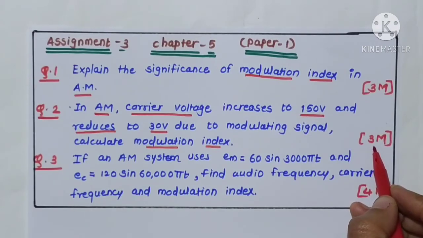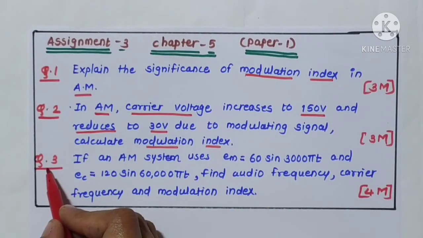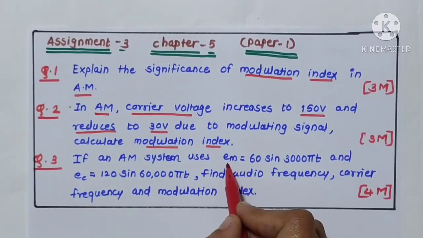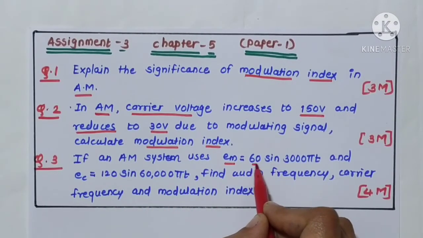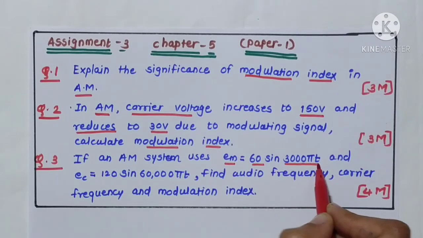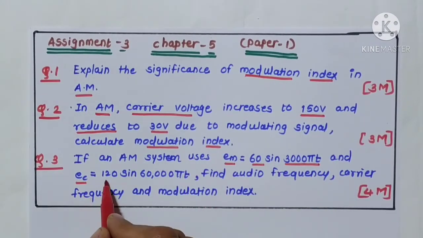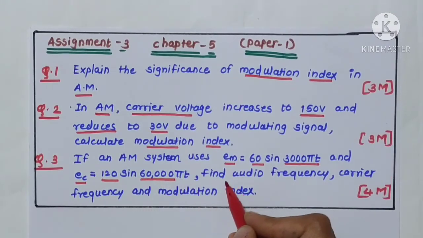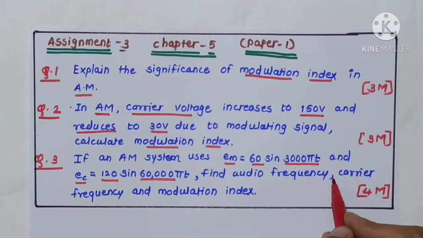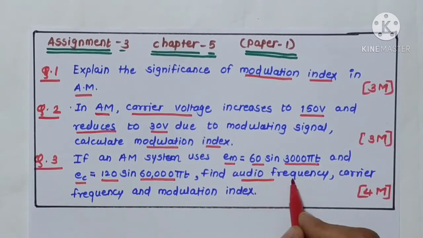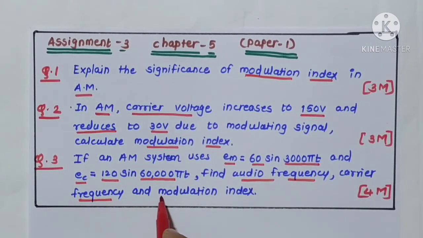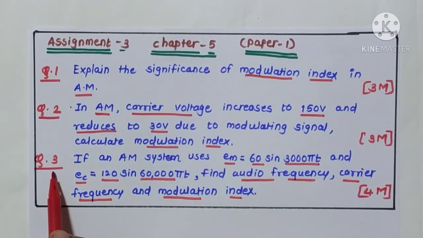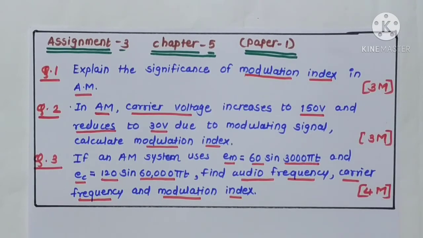This question carries 3 marks. Question number 3: if an AM system uses Em equal to 60 sin 3000 pi t and Ec equal to 120 sin 60,000 pi t, find audio frequency, carrier frequency and modulation index. Okay students, this question number 3 carries 4 marks.